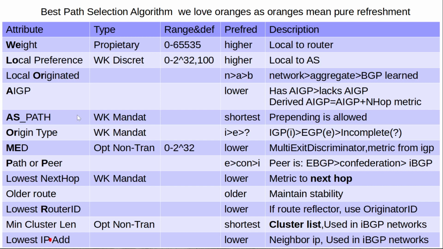address. So in order to remember this, there is a mnemonic that is pretty well known over the internet: "We love oranges as oranges mean pure refreshment," that refers to each one of the parameters that are evaluated.